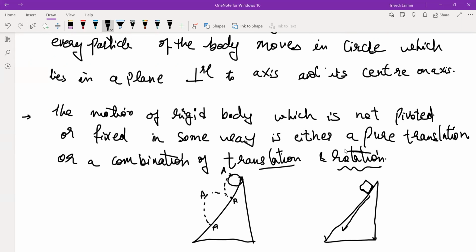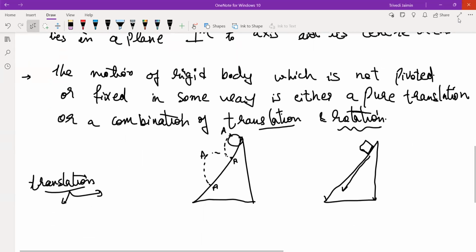Translation. Do you remember you studied translatory motion? Yes, I remember studying rotatory motion also. In translatory motion, we have two types. Can someone name them? Do you remember? At least one, like some words.